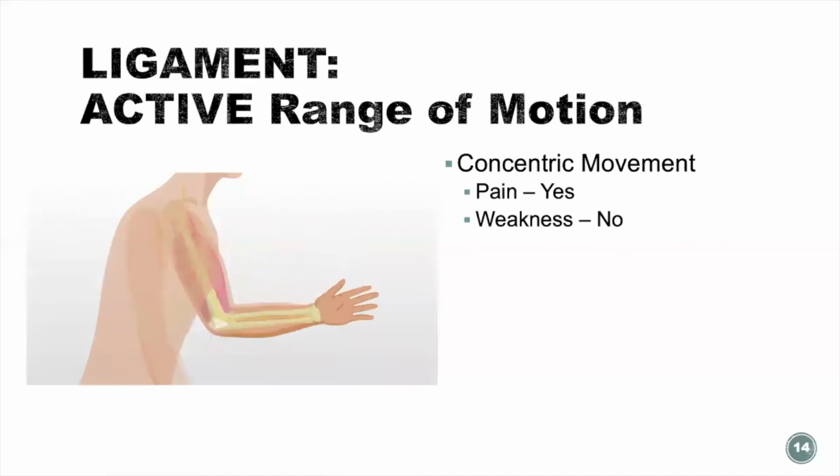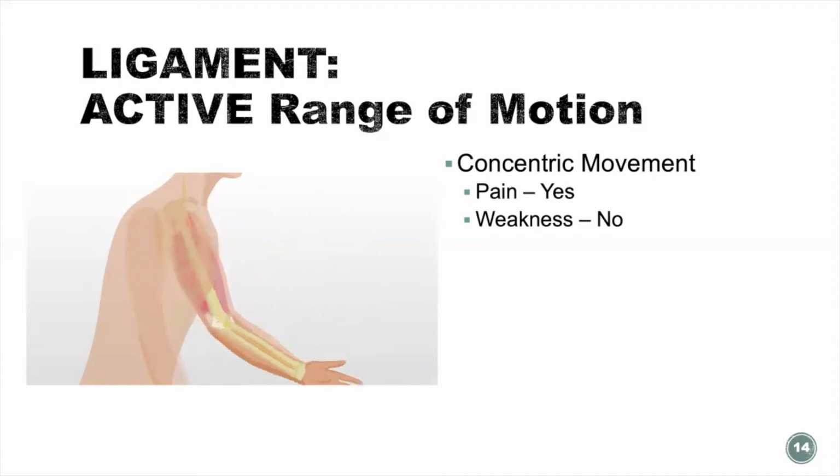Whenever there's any movement to that joint, there will be pain where that ligament is. Weakness, we will not feel weakness because it's not impacting the actual nerve or muscle. Weakness would only be because of the pain itself. And so it's not producing any difference in the force of the movement. So you will not see weakness when it comes to these movements, but you will see pain on the contraction and movement.